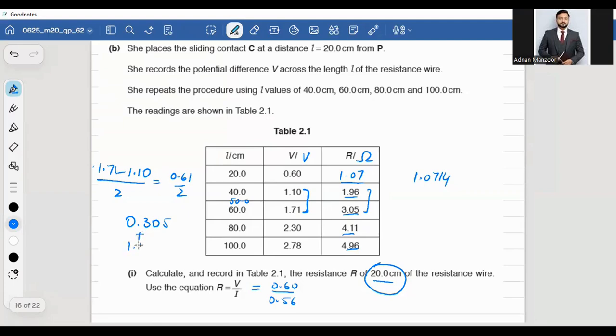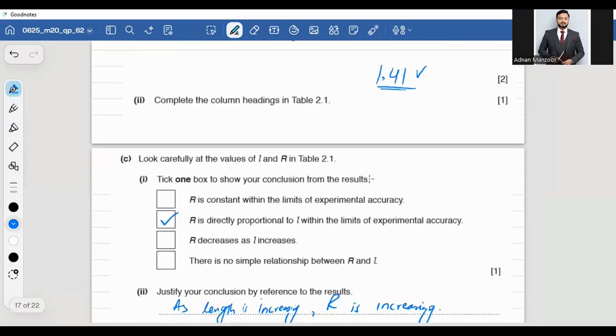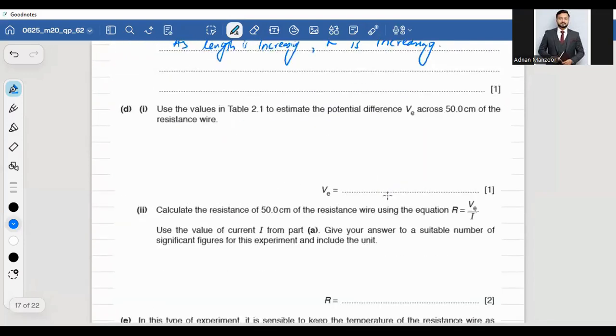So plus 1.10, you're at 1.405, or 1.41. Okay, as the values are in 3 significant figures, you have to write 1.41. Complete the column headings, we already did it. Okay, sorry, this was here, 1.41.